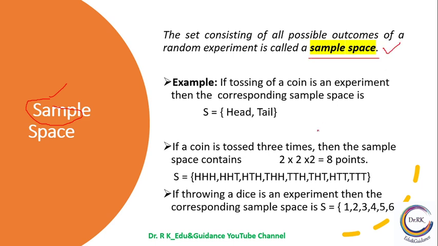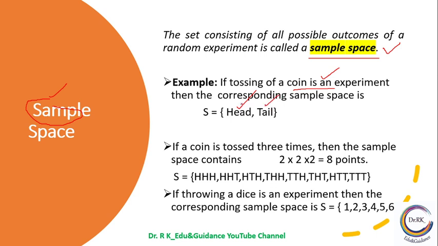For example, the regular examples which we have been using: tossing of a coin is an experiment. As discussed, it is a random experiment. When we toss a coin, either we may get a head or we may get a tail.